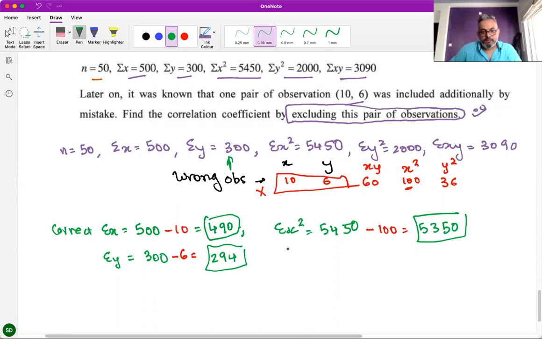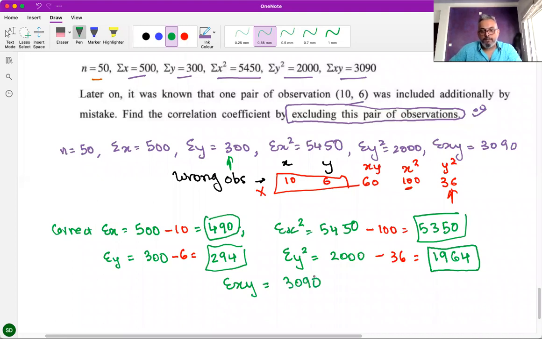And correct sigma y square is equal to 2000 minus 6 square is 36, which is equal to 1964. Now, sigma xy is equal to 3090 minus x into y, that is 60, which is equal to 3030.